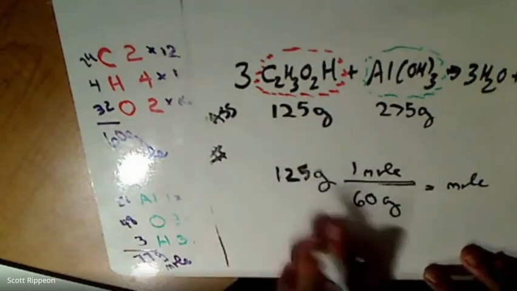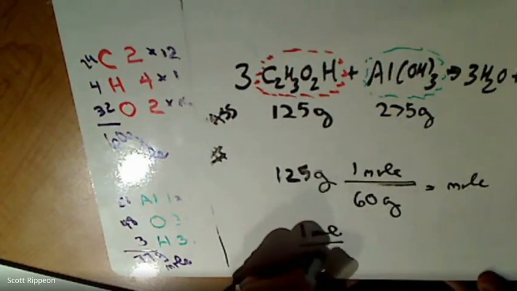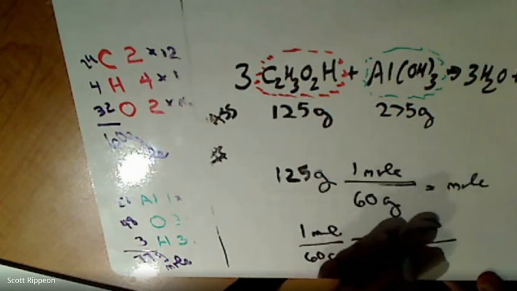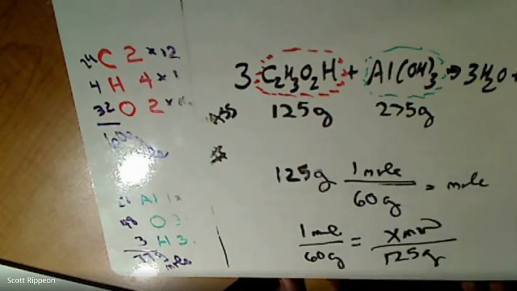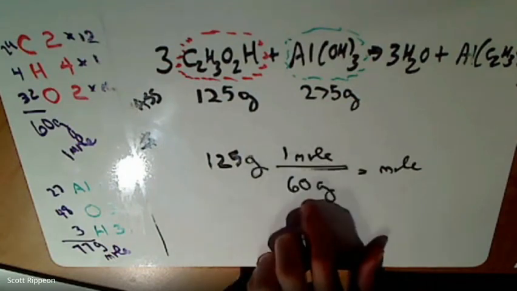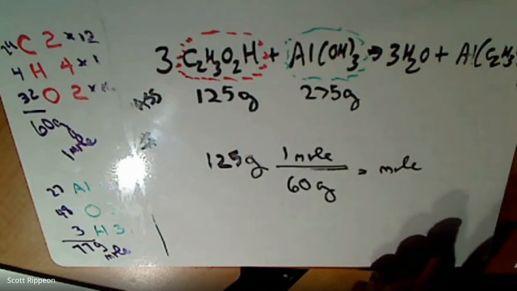It's the same thing as saying 1 mole is 60 grams, so X moles is 125 grams. Exact same thing. So 125 grams, 1 mole out of 60 grams gives us the moles. That's going to be 2 and small change.